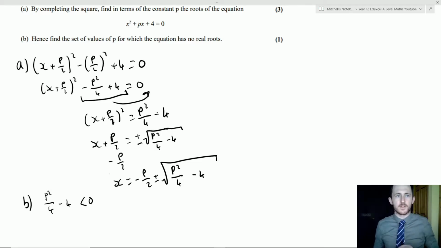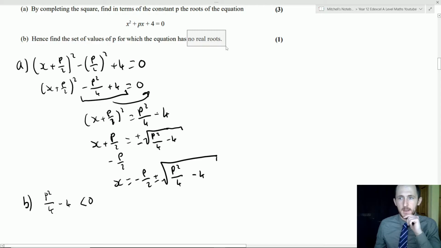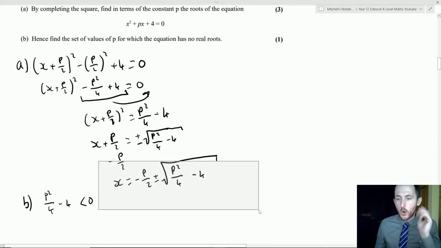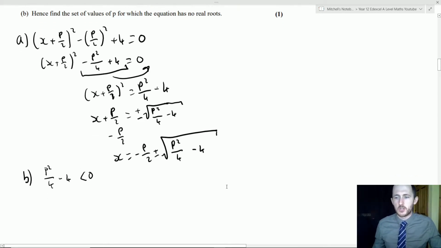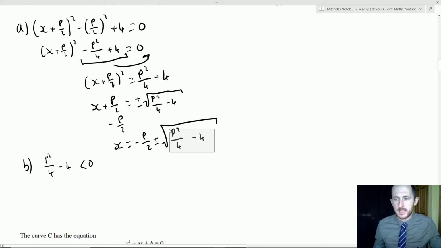I want you to think for a second about why that is the case. Real roots is the point here. So for me to have no solutions, x can't equal anything, I have to get a math error. So the only way to get a math error is if I try and square root a negative number, i.e. if this thing here is less than 0.